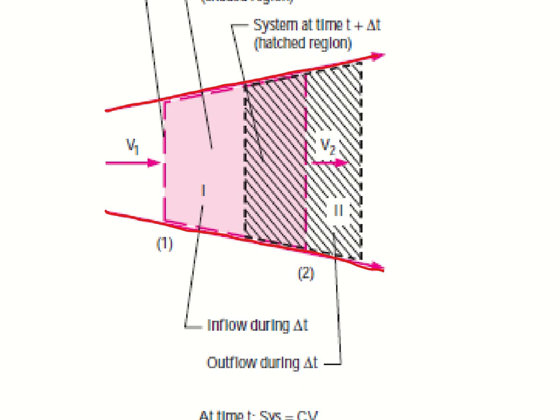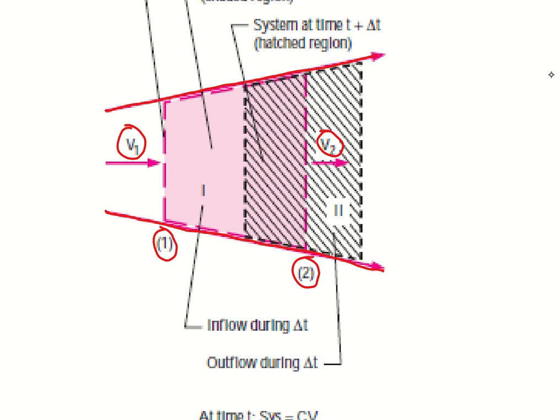Fluid is flowing in the x direction, and we consider section 1 and section 2 through which fluid is flowing with velocity v1 at inlet and v2 at outlet.